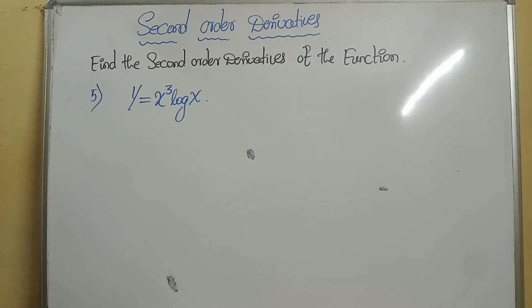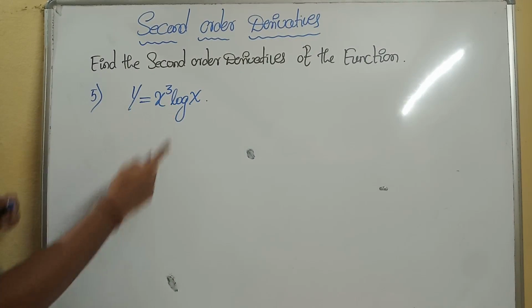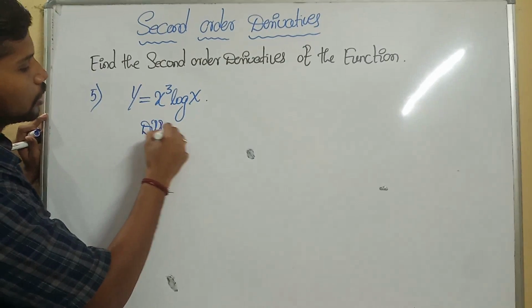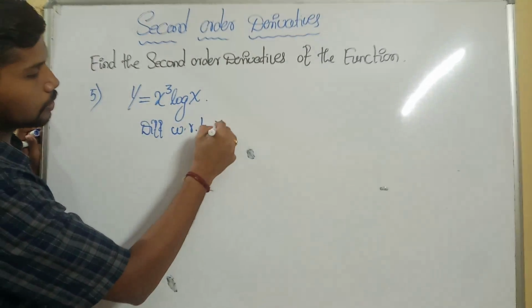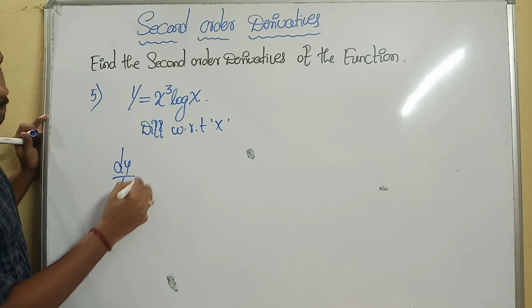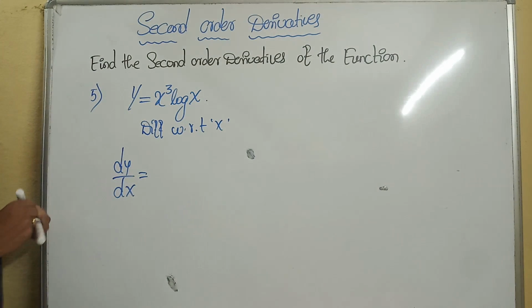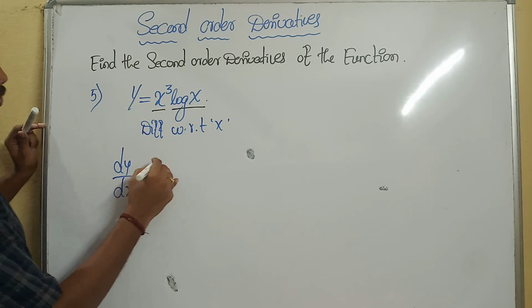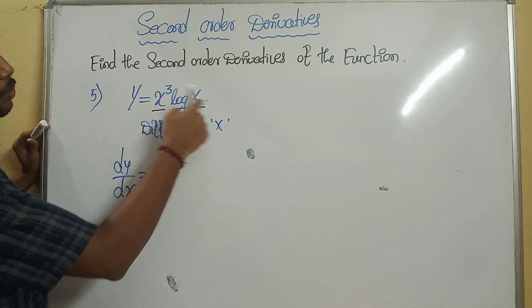Next example is y is equal to x cube log x. I need to find the second order derivative here. Differentiating with respect to x, dy by dx. I need to apply the product rule. x cube as it is, what is the derivative of log x?